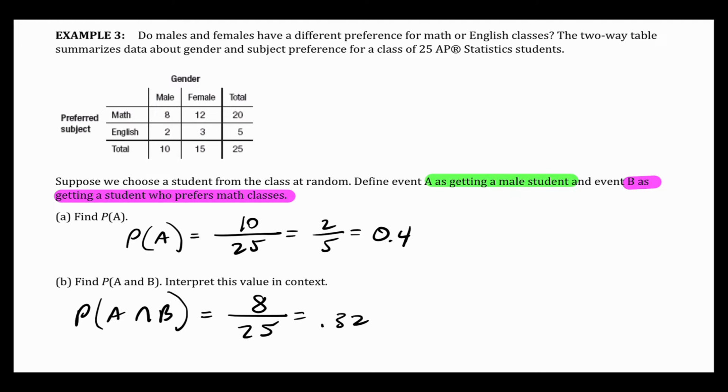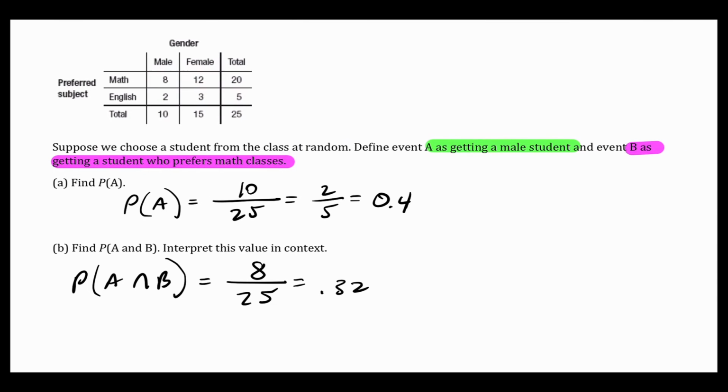Okay? So now we have to interpret this. So interpret it is where you can use a percent. All right? So if you use the word probability, don't put a percent. If you don't use the word probability, you can change it. You can change it to a percent. Okay?